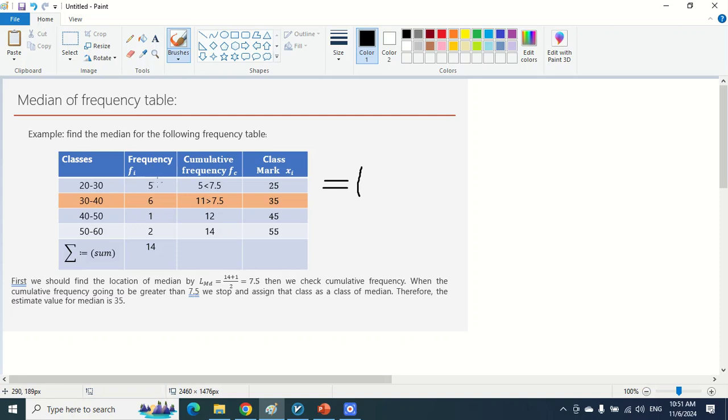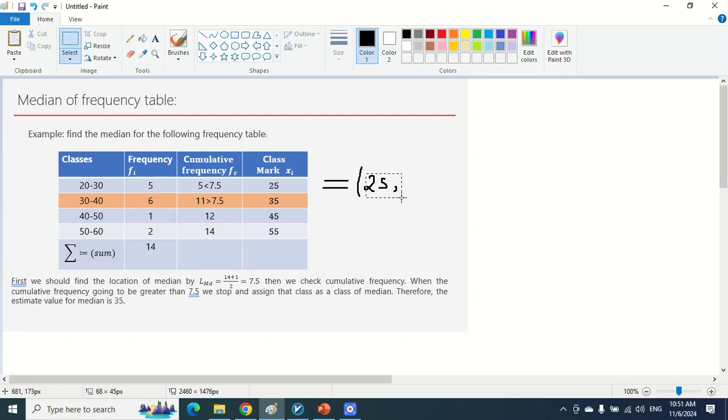It means that when the frequency is 5 for the class between 20 and 30, for the class mark of 25 we have a repeated number of 25, 5 times. It means that 25 is repeated 5 times.